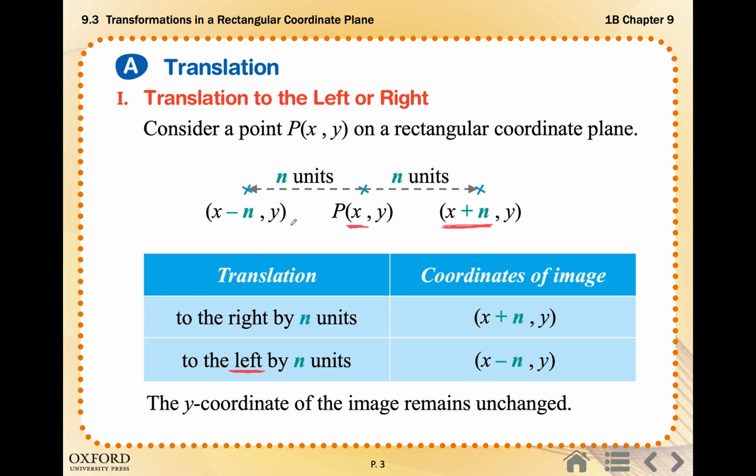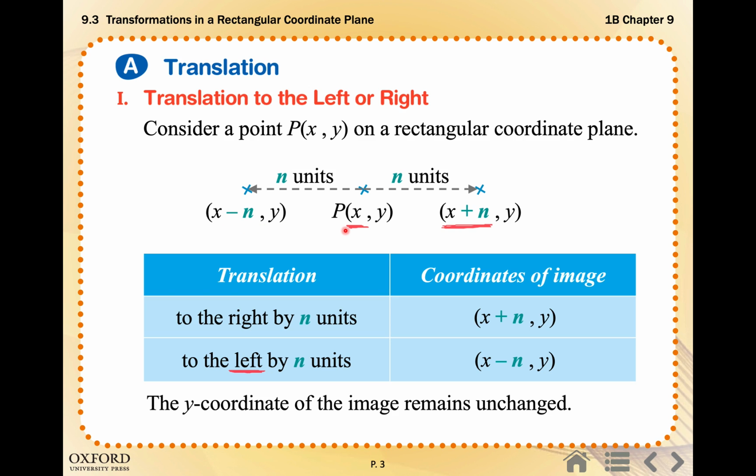That's why their y coordinate also keeps unchanged. The y coordinate here and the y coordinate here keep unchanged, only the x coordinate changes. Because it is moved to the left hand side, the x coordinate should be minus n.